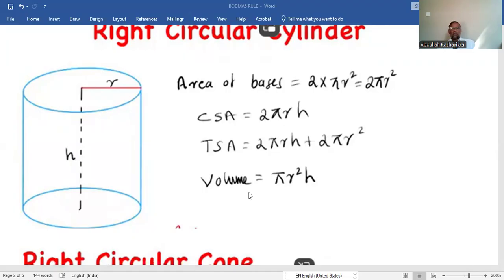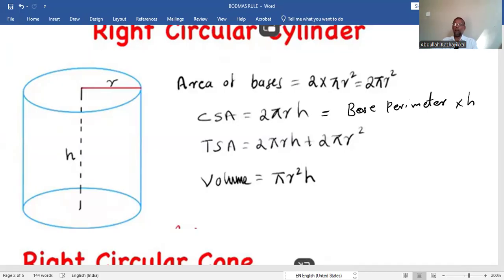Here what I told, look: 2 pi r h is the CSA. That means base perimeter into height.